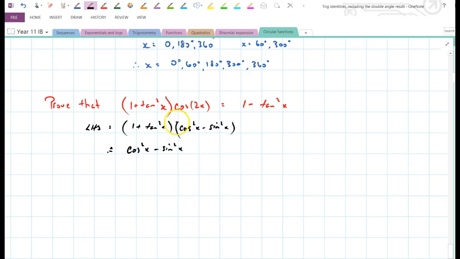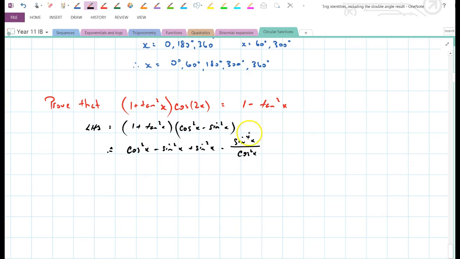Now tan squared times cos squared, if you imagine that as sine squared on cos squared times cos squared, that gives us sine squared x. And then tan squared times sine squared is sine squared on cos squared times sine squared, so it'll be minus sine to the 4 x over cos squared x.